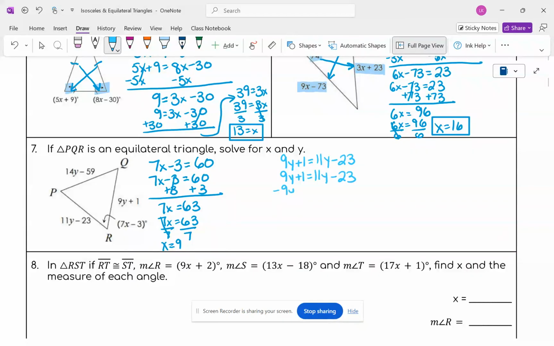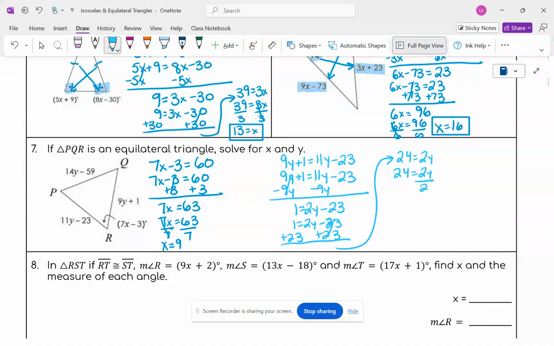We're going to subtract 9y from both sides. So then that leaves us with 1 equals 2y minus 23. Oops. We add 23 to both sides. And then you have 24 equals 2y.